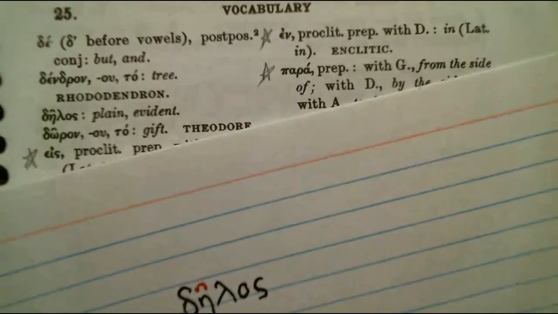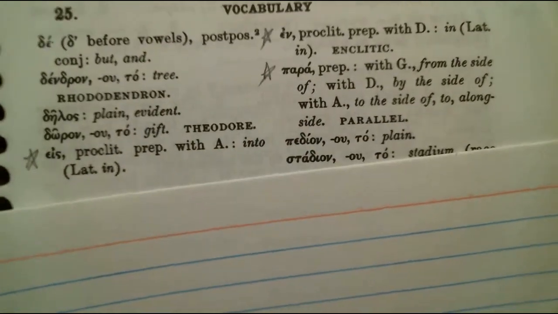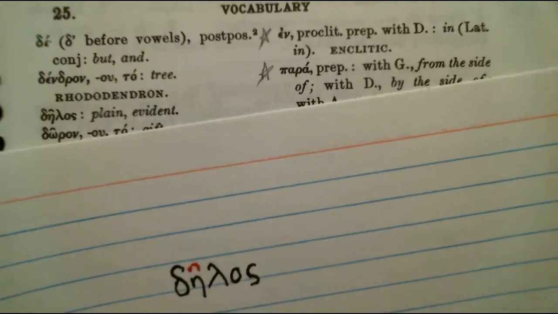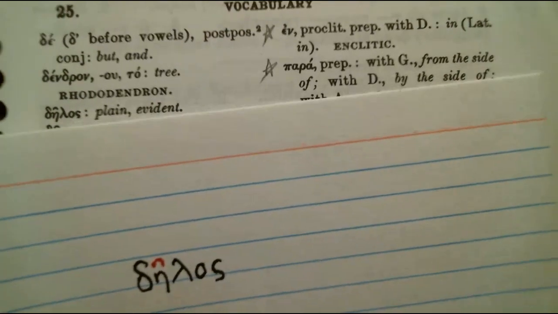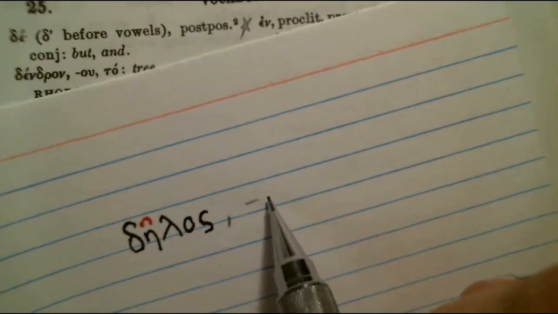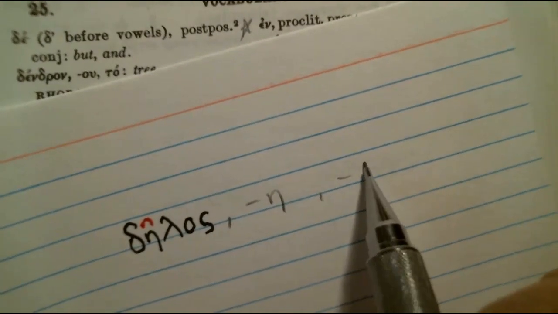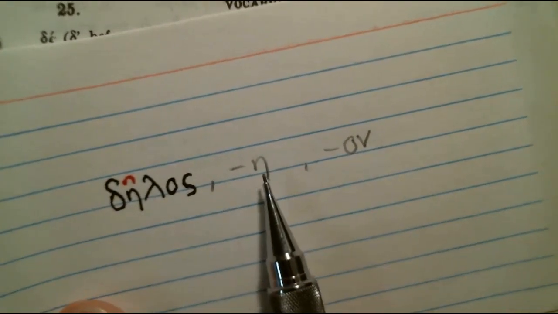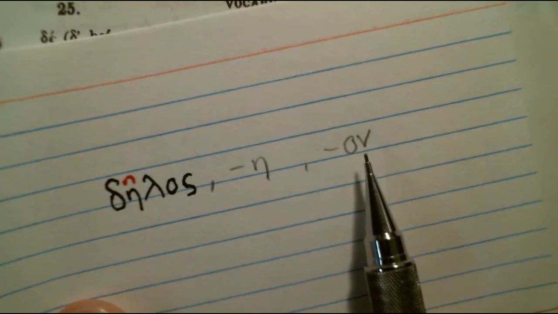Okay. Now, what we have not talked about yet is the feminine and neuter endings. I'm just showing you this for the future. When you write these out on your flashcards, you want to leave room so that when you learn how to do this for the feminine and neuter, which I alluded to earlier in this lesson, it's going to look like this. You're going to have a feminine ending and a neuter ending.